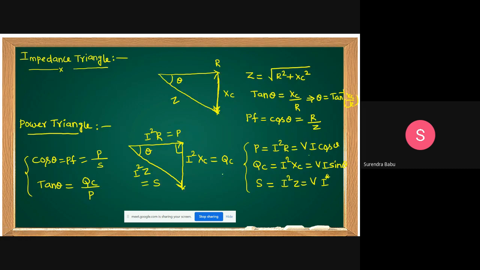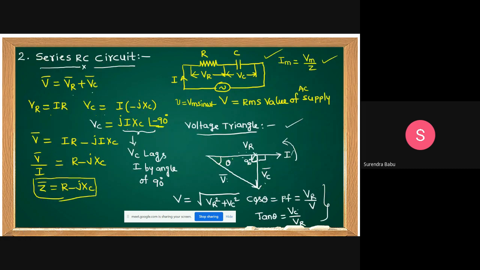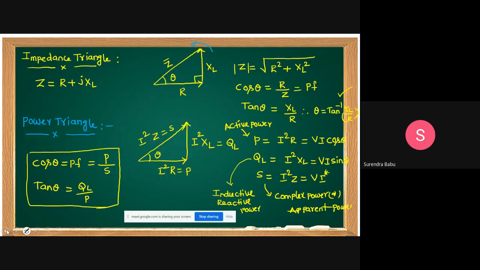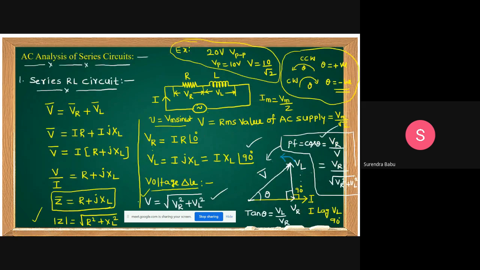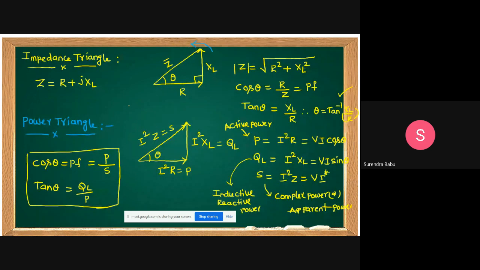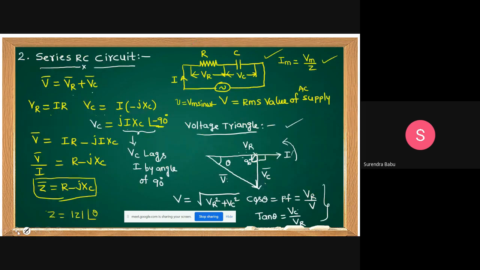Even in the RC circuit or RLC circuit, in all these cases also, Z equal to modulus of Z at angle theta. This gives the impedance angle or power factor angle.